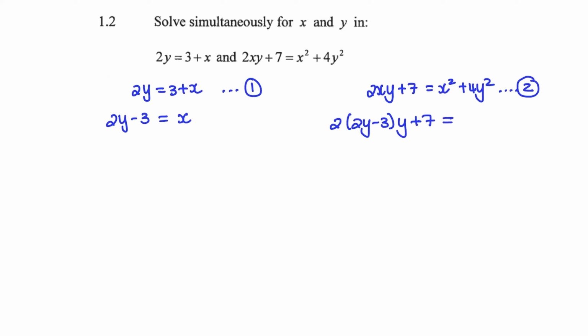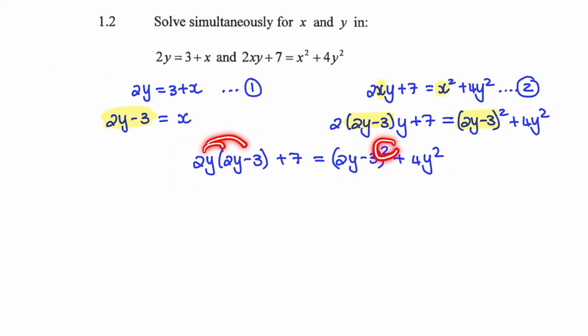So notice that I've replaced x in my second equation with 2y minus 3. So now I have an equation with only one variable, and by multiplying out the brackets, I can easily solve for y. Notice that when I substitute it, I have 2, and then I had brackets, and then a sneaky little y behind the brackets. And what I did now is I rewrote this as 2y, moving that y at the back to the front.